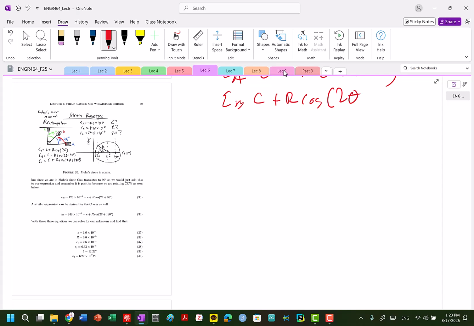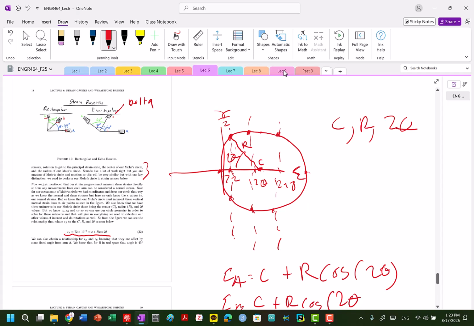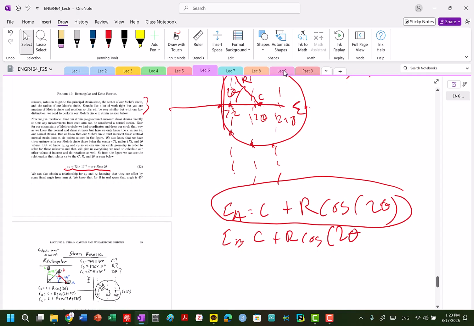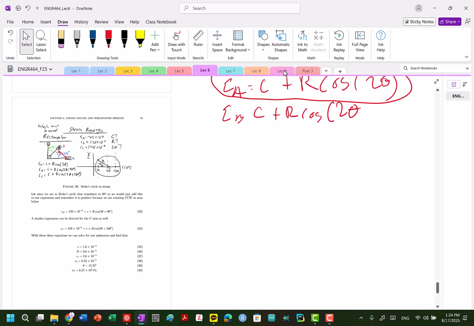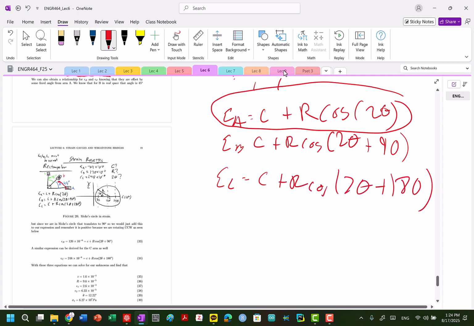You can pick any initial direction to start off these equations, and there are lots of ways to solve this problem, but once you've established this relationship, it has to hold as we go from A to B and then to C. It's a 45 degree offset, but it's multiplied by 2. And epsilon C is equal to C plus R cosine of 2 theta plus 180. And this is how you would solve this problem in a general sense.